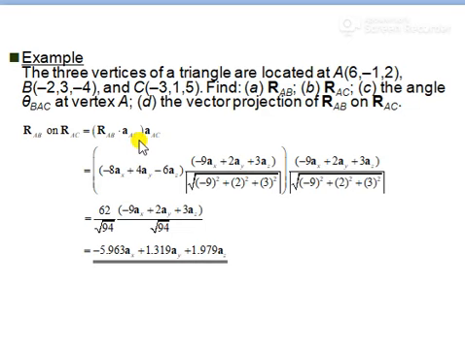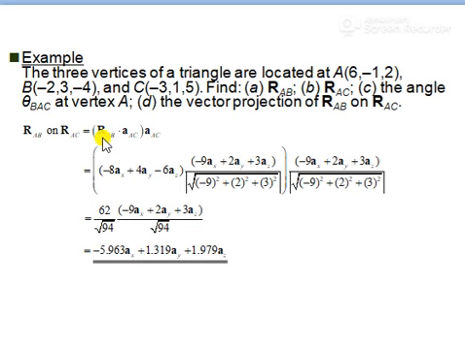So here the unit vector along RAC is RAC divided by modulus of RAC.